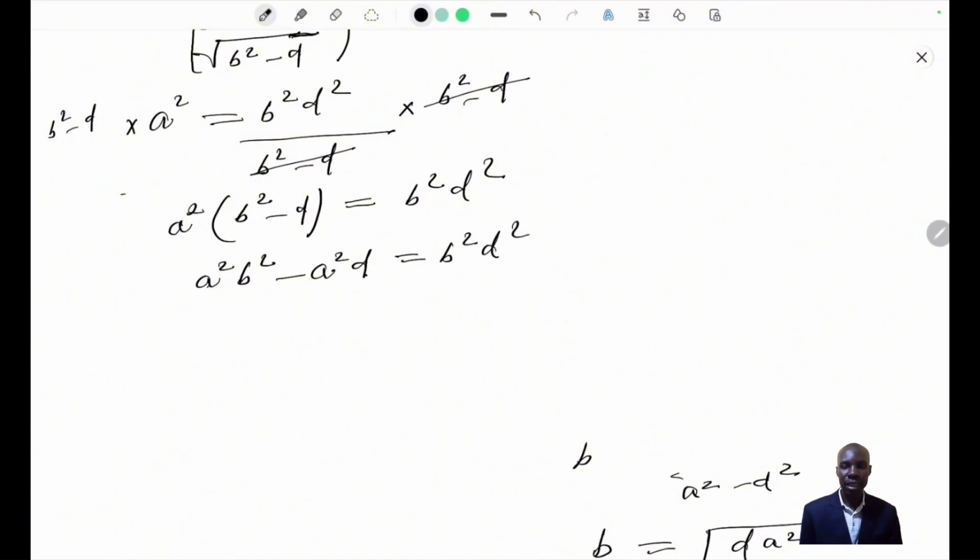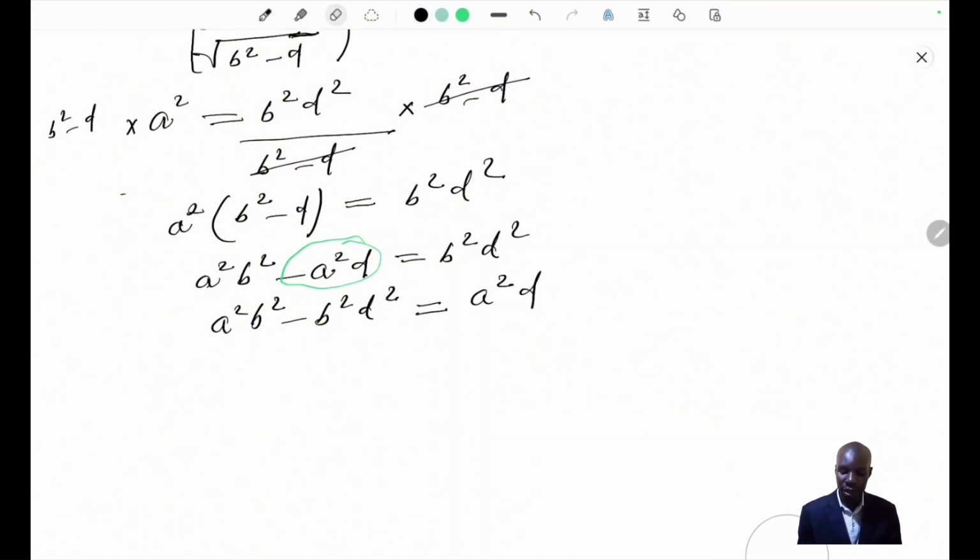Then we want to collect the like terms. We want to bring the B's family together because our aim is to make B the subject of the formula. So we'll have A squared B squared minus B squared D squared equals, if this comes to the right-hand side, A squared D, like that.